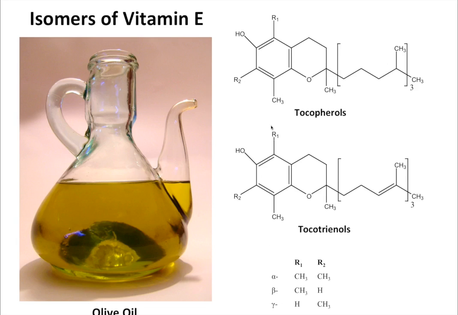And it all has to do with this OH group. This is where all of the antioxidant activity lies. Essentially, this hydrogen atom is donated to a free radical species, and the strength of this oxygen-hydrogen bond is key in this process.